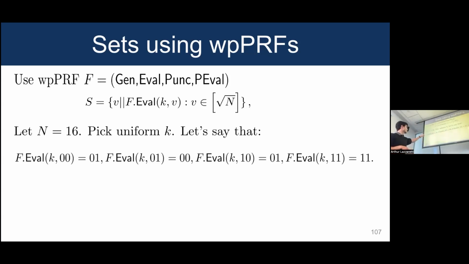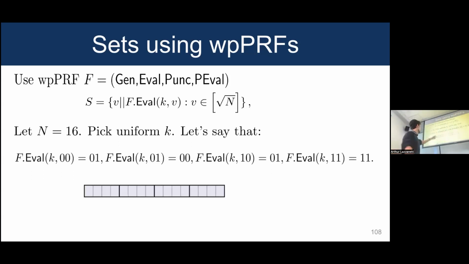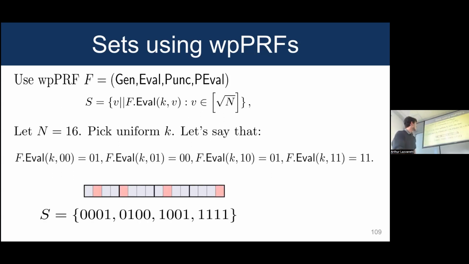So the domain and range are strings of size 2, and the elements of our set will be exactly the input and the output of these evaluations: 00, 01, 01, 00, 10, 01, and 11, 11. So there's exactly one within each partition here, just as before. There's no change here for the unpunctured key. It looks the same.